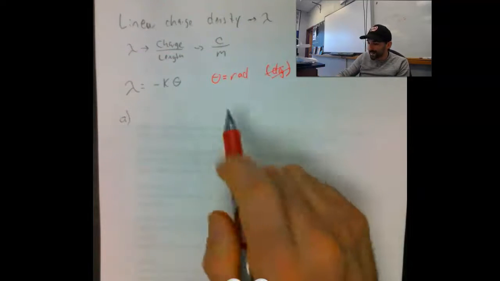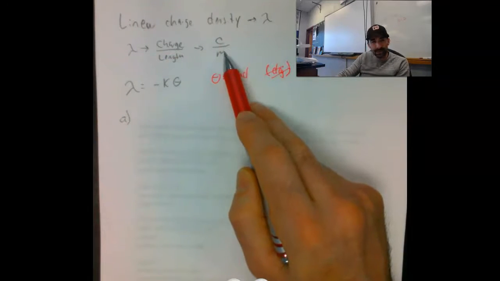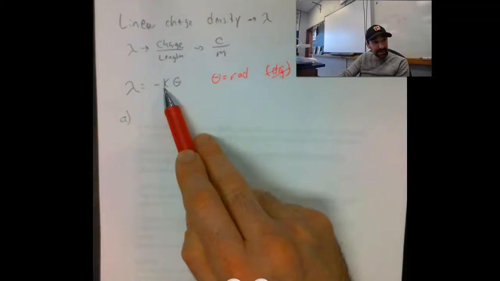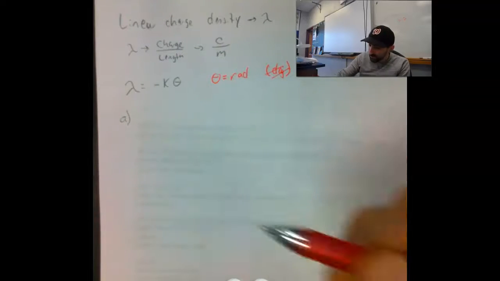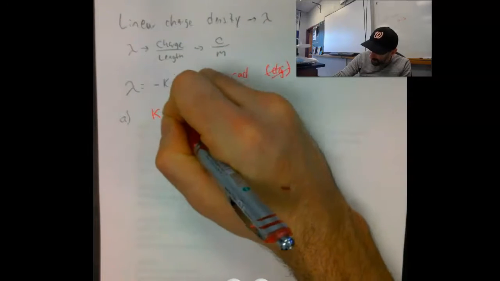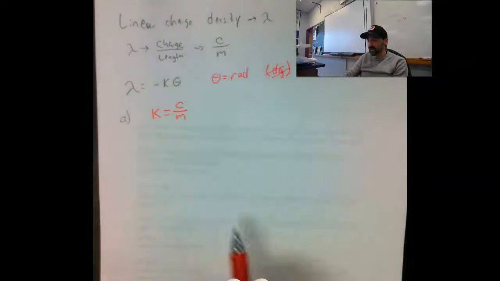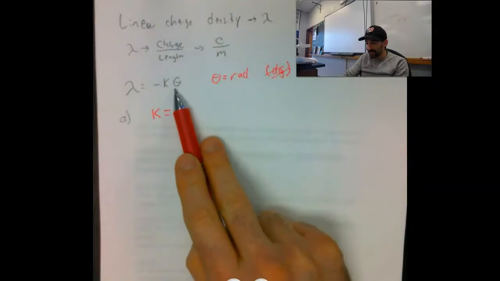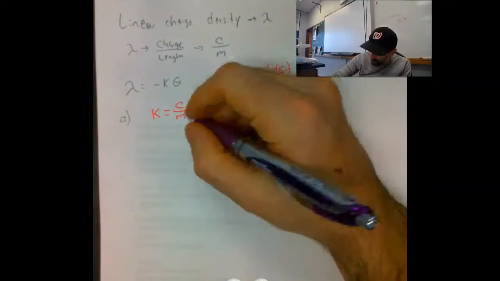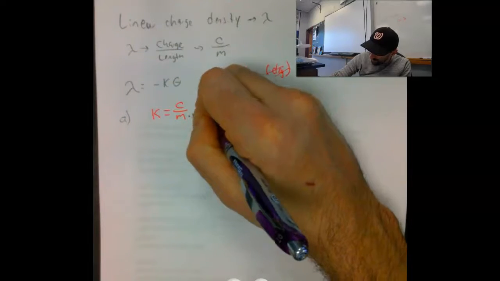So I need lambda to be in a coulomb per meter, which means I need K to be in a coulomb per meter. So K must be in some coulomb per meter. So I'm going to end with that, but I've got to get rid of these radians. So it's going to be a coulomb per meter times a rad.